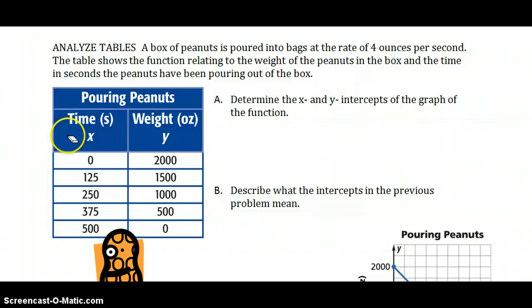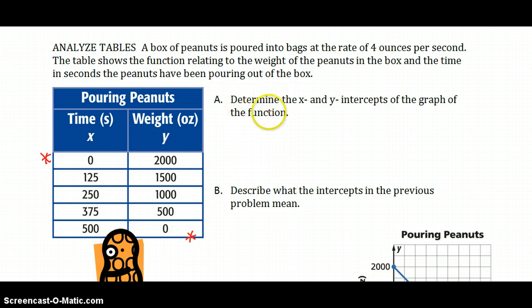When I look at this chart, I see a 0 here and I see a 0 here. So this tells me when x is 0, before time begins, there's 2,000 ounces of peanuts. Then they're pouring and pouring and pouring, and the next time I see a 0, it's talking about the weight, and 500 seconds have passed. So that's when they're finished. They've poured out all of the peanuts.